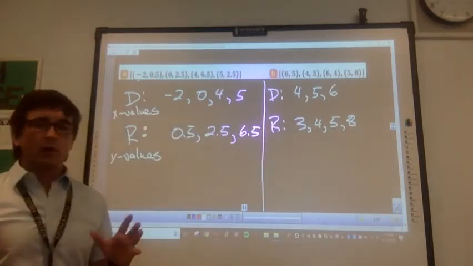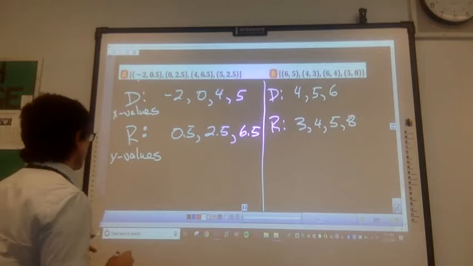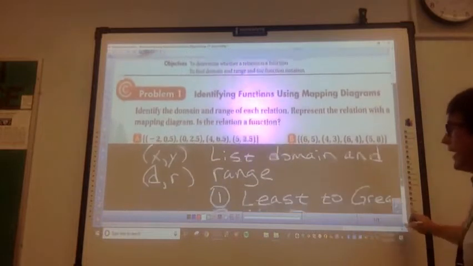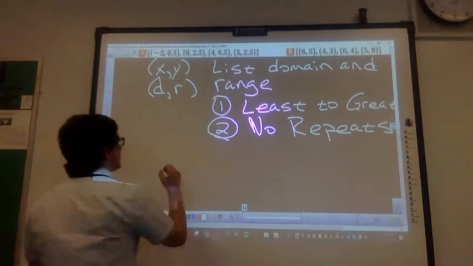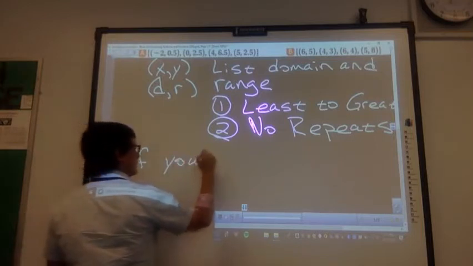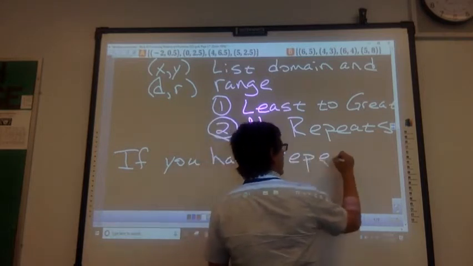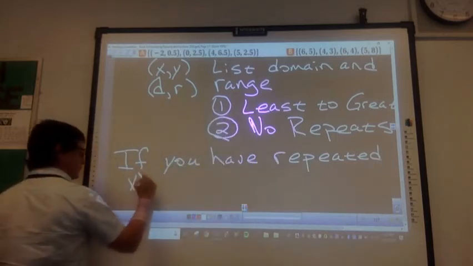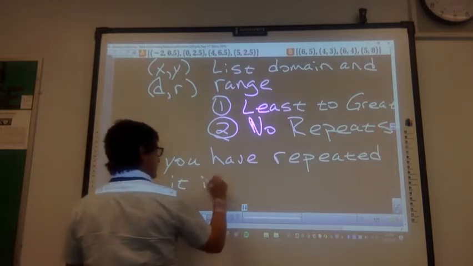Okay, so really important for you to understand what is a function and what is not a function at this point. So I'm going to go back to our first page here and add a little bit. So if you have repeated x's, it is not a function.